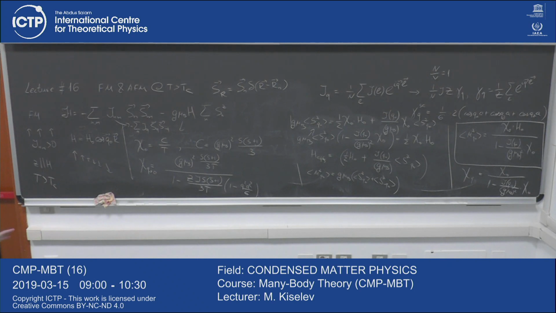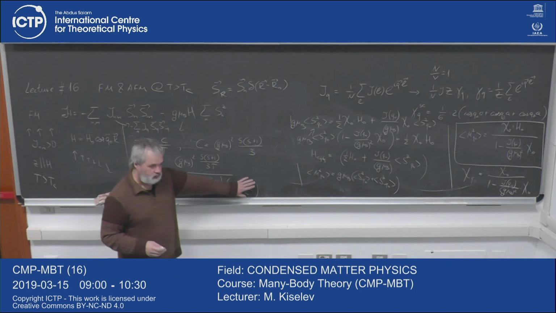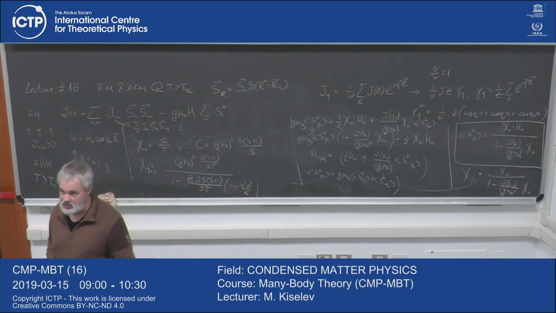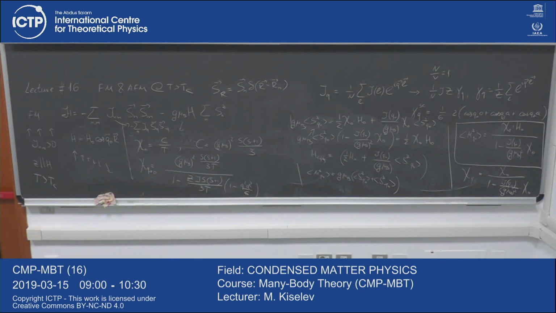So if q is equal to 0, we have a Curie-Weiss law. The susceptibility diverges as 1 over temperature minus Tc. But as I said, I did better than that.